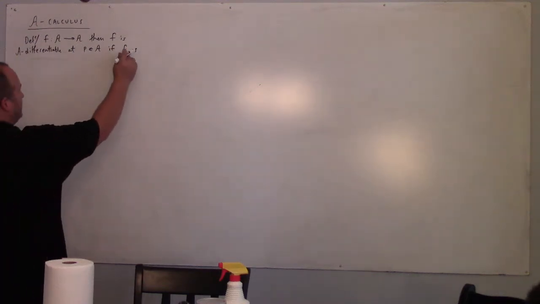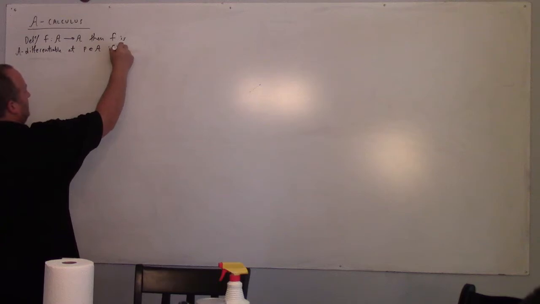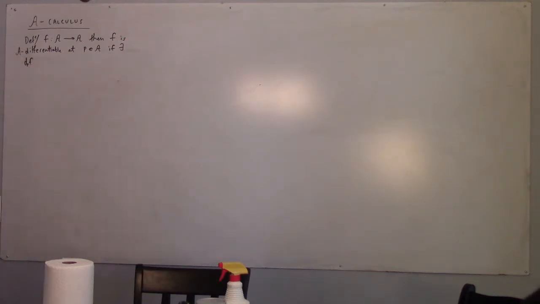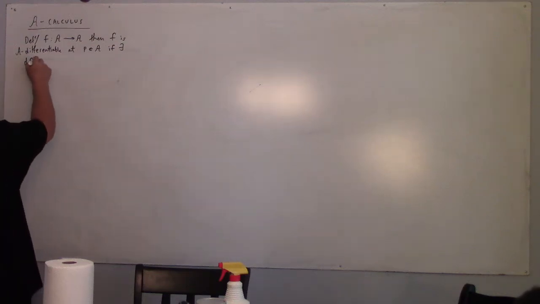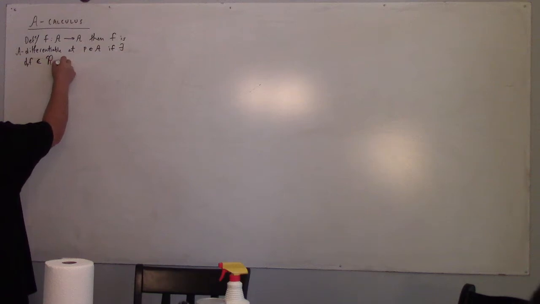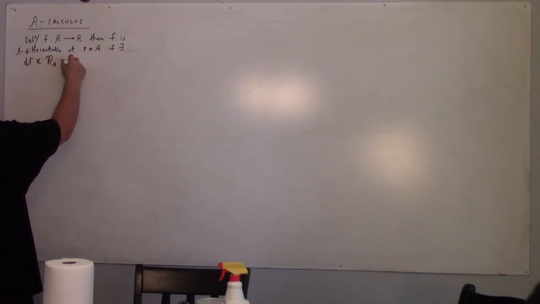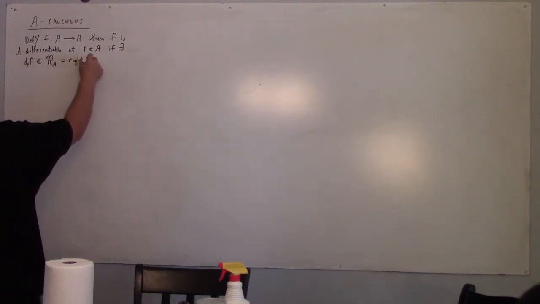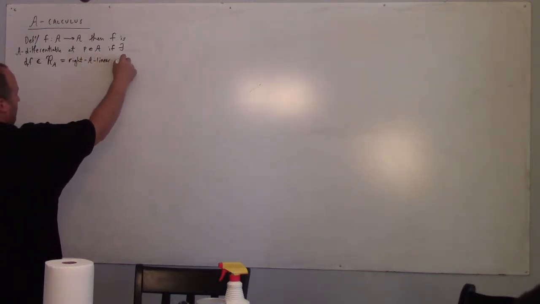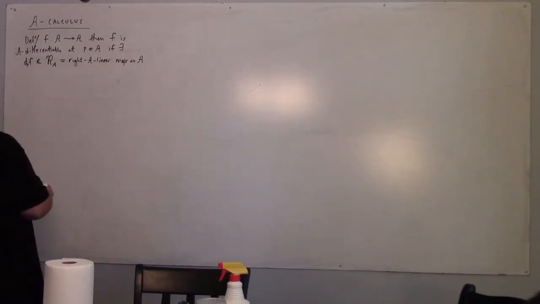So f is A differentiable at p if there exists dp f, an element of R_A. Now here R_A is equal to the right A linear maps on A, we talked about that before, right?